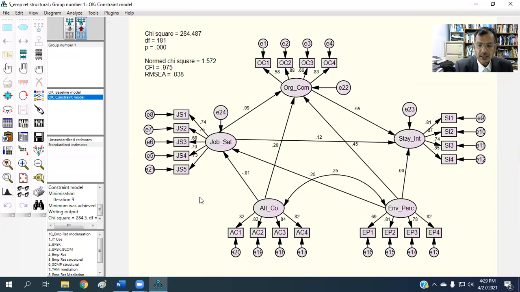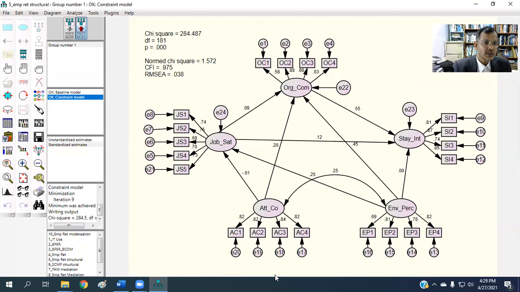And if we refer to the chi-square distribution table, for degrees of freedom 1, the value 41 is highly significant. So there is a significant difference between the baseline model and the constraint model.